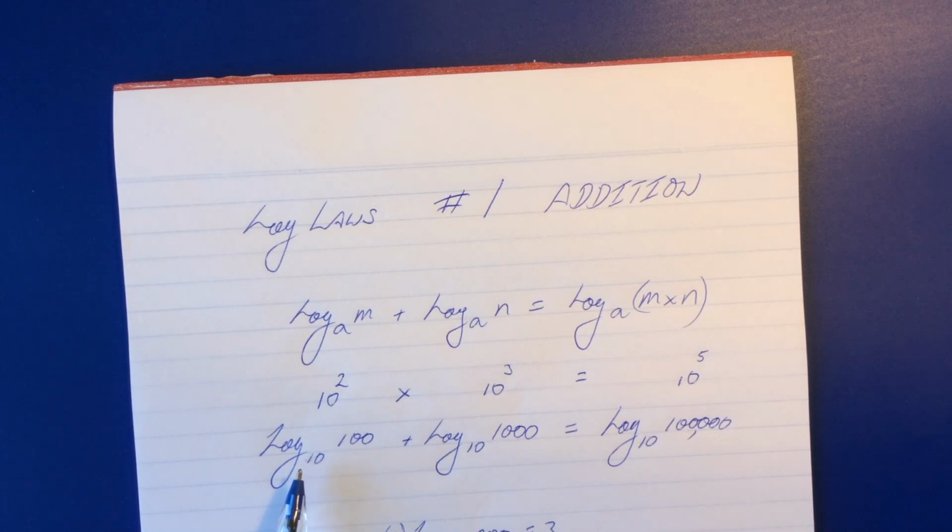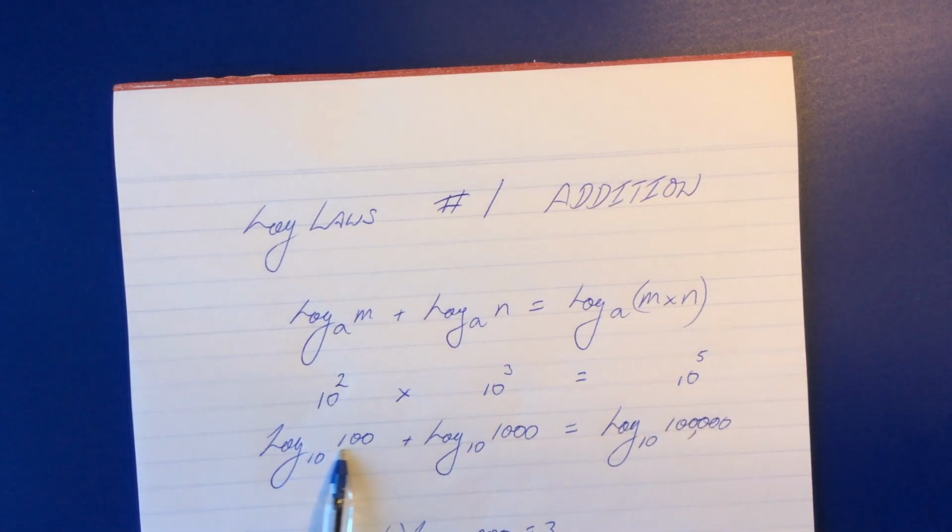Now, logarithms feel like the first cousins of exponentials, but basically addition of logs is multiplication of exponentials. So what we're doing here is we're adding these indices to get 5.